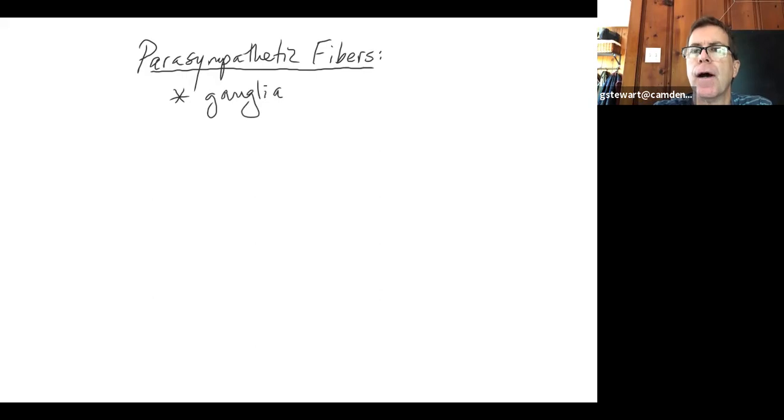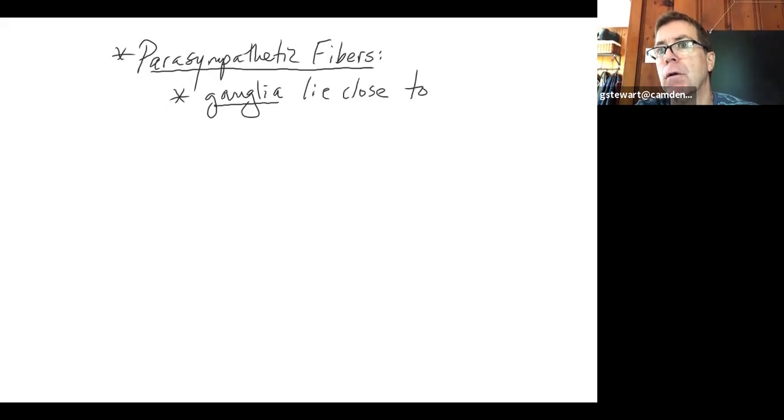The ganglia, that means the synapse between the pre and post synaptic neuron, or the preganglionic neuron and the post-ganglionic neuron, that junction in the parasympathetic division, ganglia lie close to or in the effector organ.